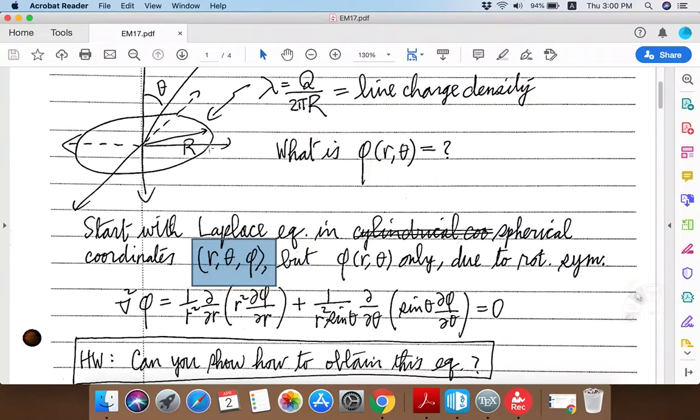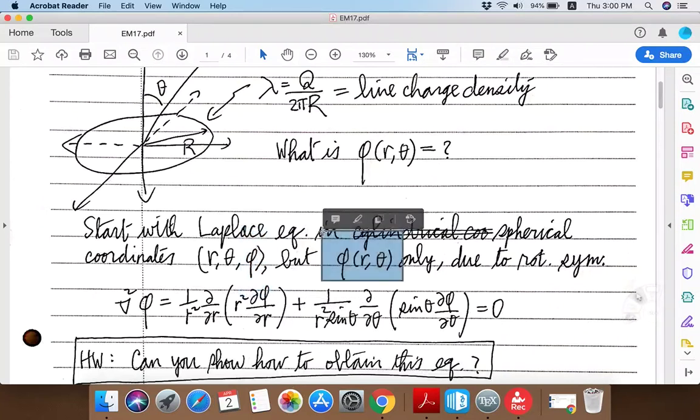However, since this ring has a certain symmetry, and this symmetry has to do with the independence of the shape of the ring after you have rotated the ring by a certain angle about the z-axis, that leads to the elimination of any phi dependence in the potential.